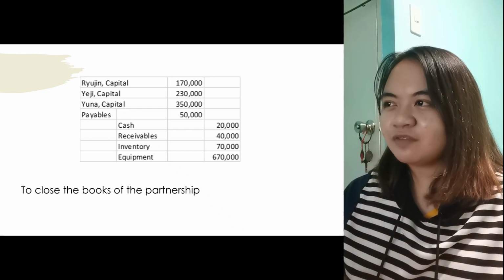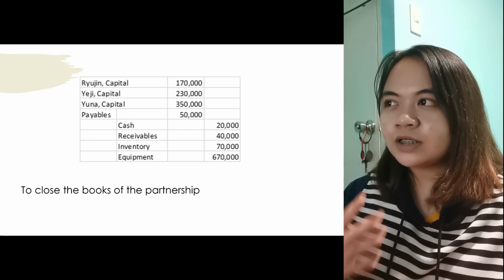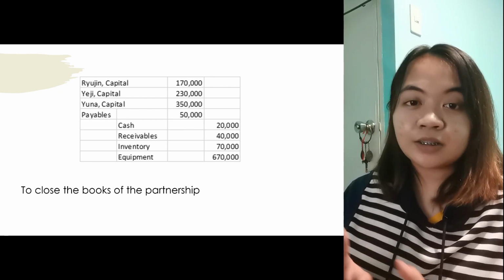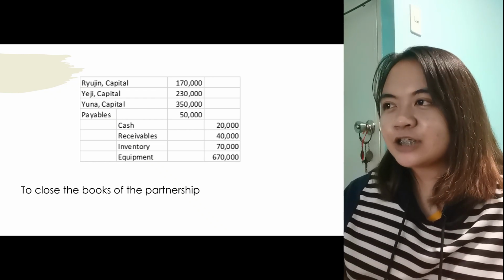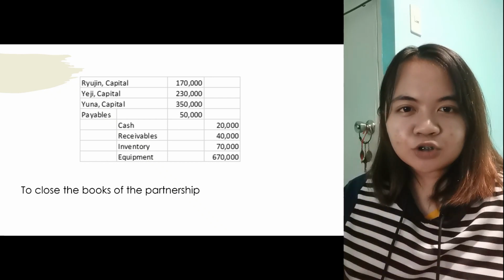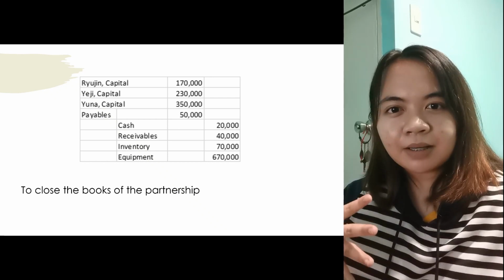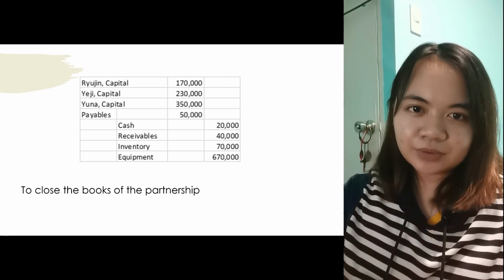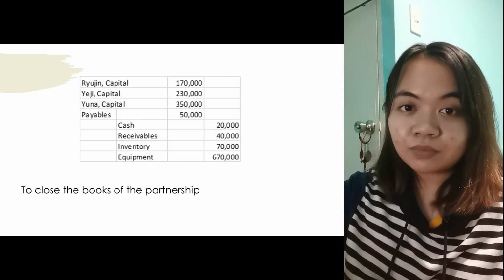You debit Ryujin capital 170, Yeji capital 230, Yuna 350, payables 50. For credit, cash, receivables, inventory, and equipment. If you put it in a worksheet and match the two, their accounts are zero. Zeroed out. So, the books are closed.